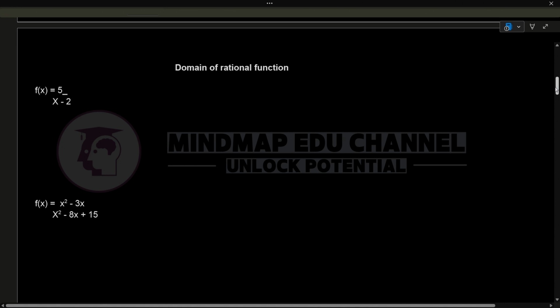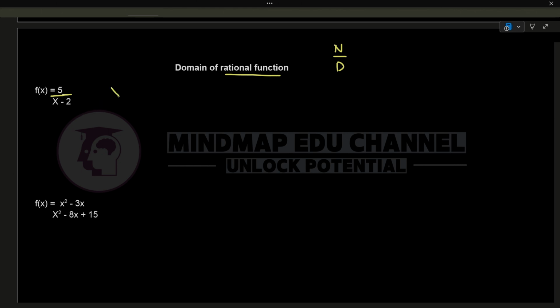Now, the domain of rational functions. Rational functions means where you have a numerator and a denominator. Check the first function, 5 upon x minus 2. Now, what is your first rule? The denominator cannot be 0. So, set x minus 2 not equal to 0.